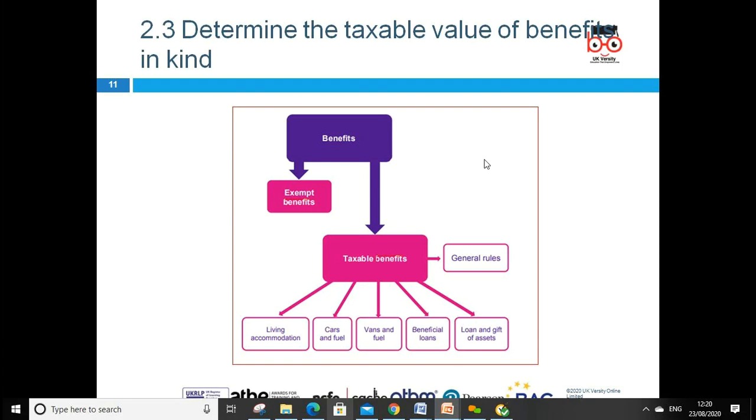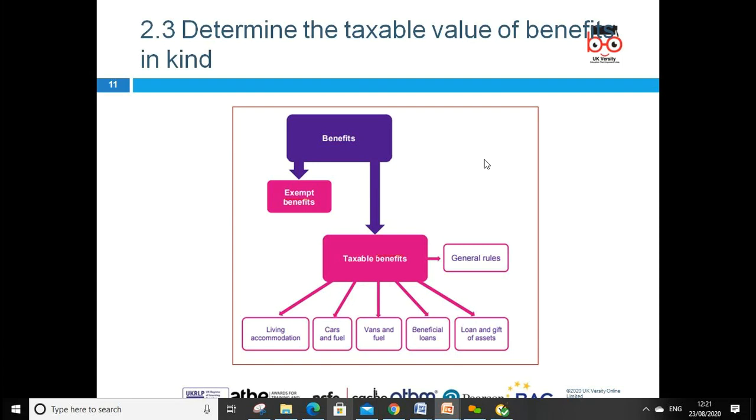So we need to be well aware in order to make the decision either to take a company car, or to use your own car and claim the fuel. For your business mileage, the first 10,000 miles is 45 pence per mile, and afterwards 20 pence per mile, which you can claim if you are using your own car and fuel. So a benefit can be an exempt benefit or a taxable benefit.